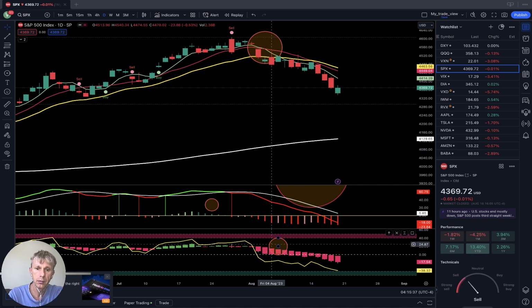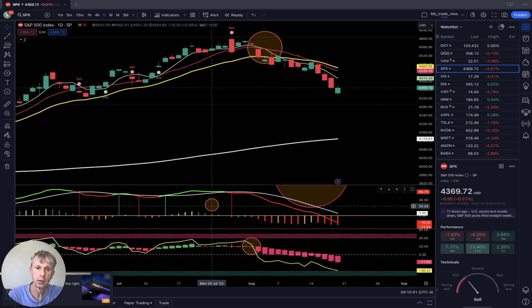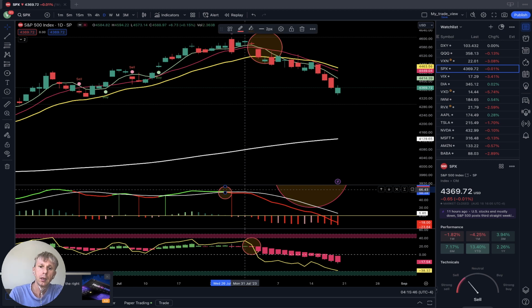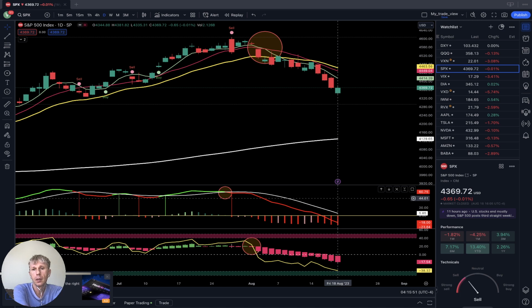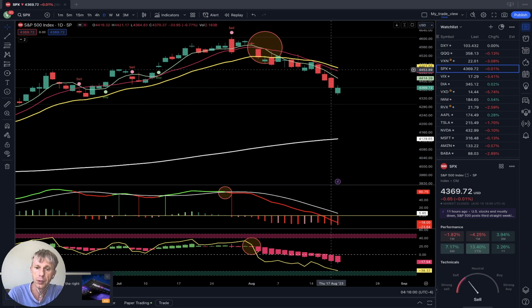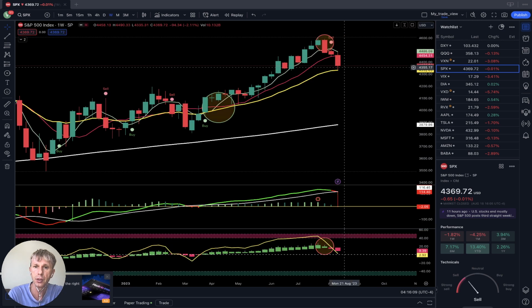On RSI it was over here also. Same on MACD, it was over here. Bearish crossover, and a confirmed bearish reversal signal because MA5 and 10 already on bars did a bearish crossover over 20. On daily, it is a fully confirmed bearish reversal signal. On weekly, it's not confirmed yet, just a bearish reversal signal.